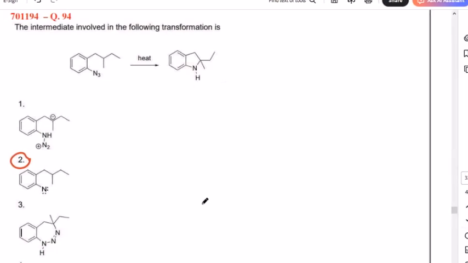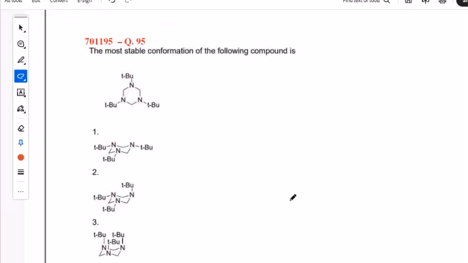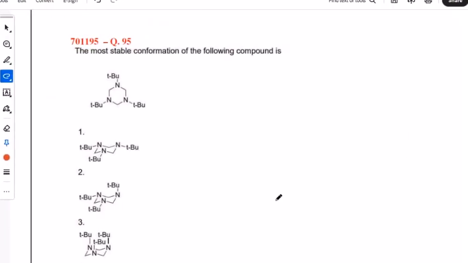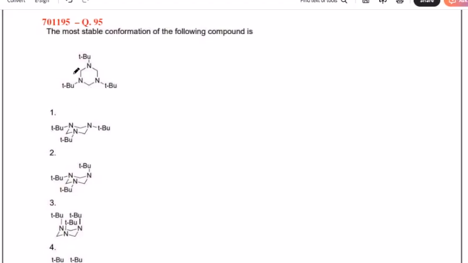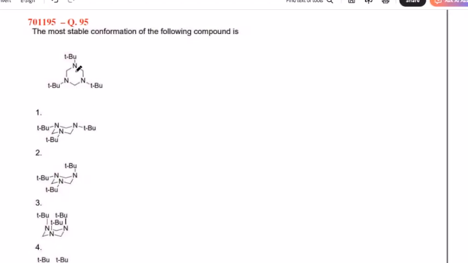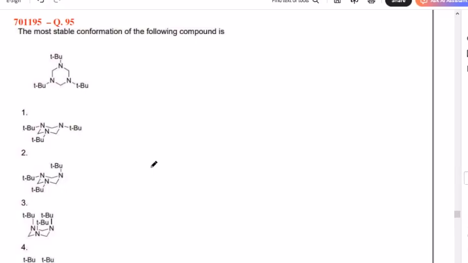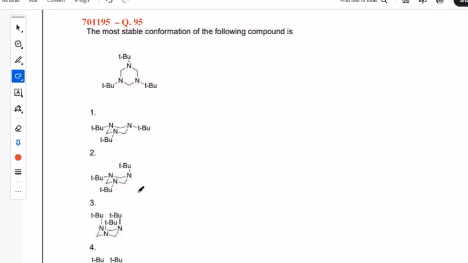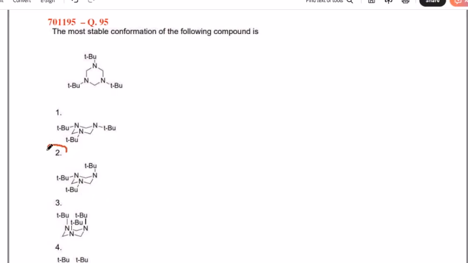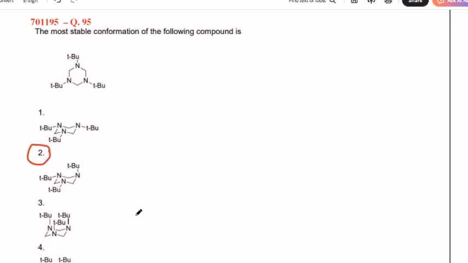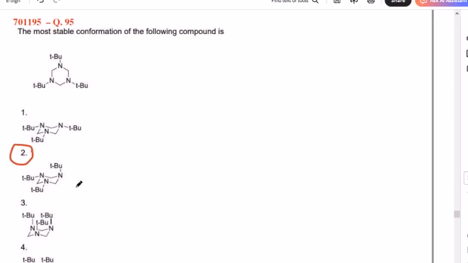Question number 94, option number 2 is the correct option friends. Next, question number 95, the most stable conformation of the following compound is, right, cyclic structure, tertiary butyl, tertiary butyl, tertiary butyl, yes, these two are equatorial and this is axial, so no strain. Option number 2 is going to be the correct option friends.